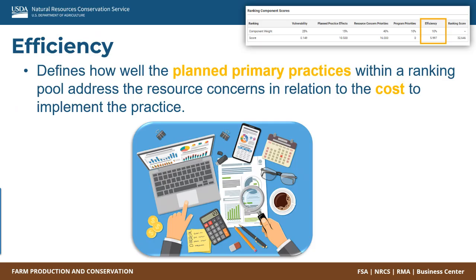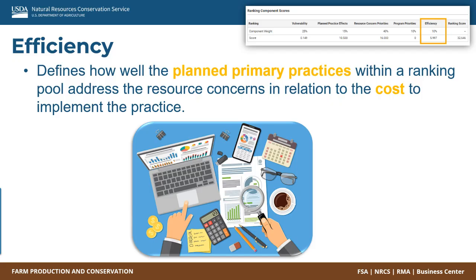This is one of those 5 ranking factors. It's defining how well your plan practices within a ranking pool address the resource concerns in relation to the cost to implement the practice. There's no work on your end to do. Our national discipline leads, national economists, and others have worked behind the scenes to define that efficiency.